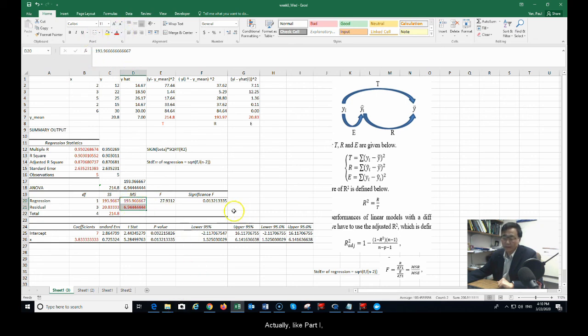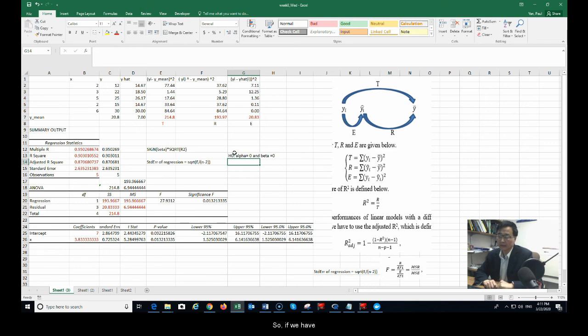So part 1 looks at how good our model is in total, and part 2 also looks at goodness of fit of our total model. The part 3 is we look at individual variables. So let's look at the F-test. The null hypothesis is alpha equal 0 and beta equal 0, because we only have 1 independent variable, so we only have 1 beta.